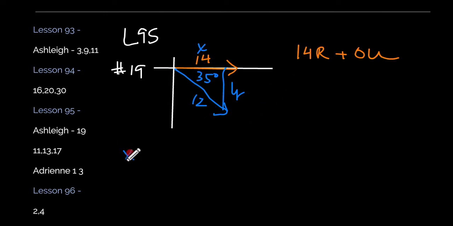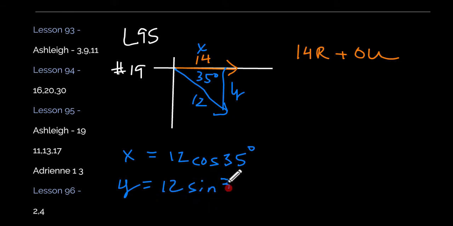So remember this. X equals 12 cosine of 35 degrees, and y equals 12 sine of 35 degrees. Okay, the vector's going to the right, and it's going down. So our right is going to stay positive. So let's do 12 times the cosine of 35.